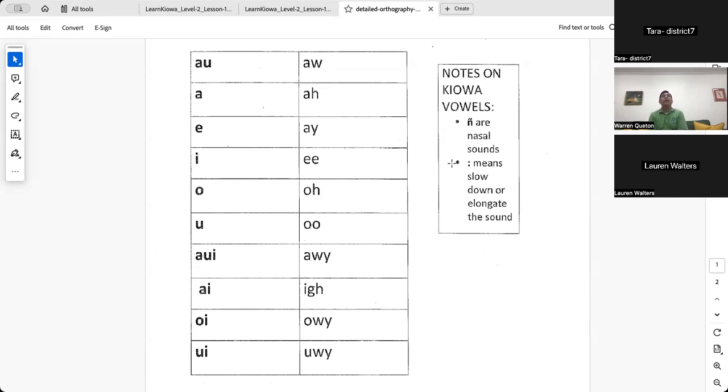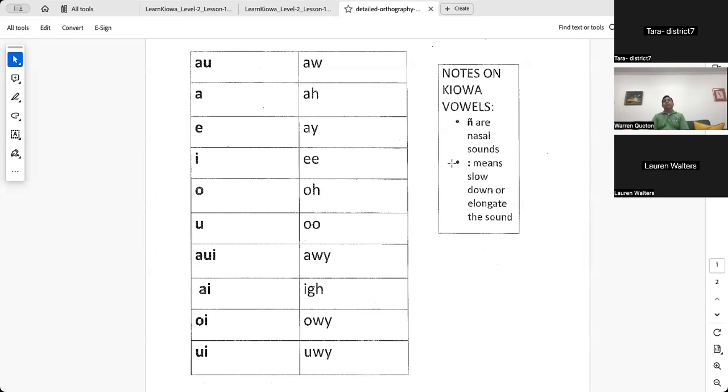Okay, now the AUI sound. I. Okay, and the AI sound together. I. The OE sound, like oi.